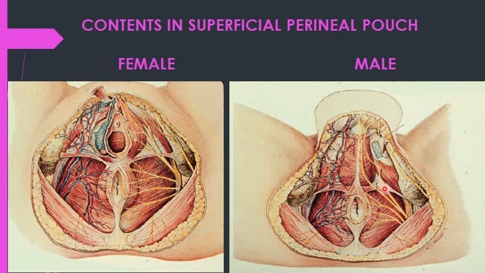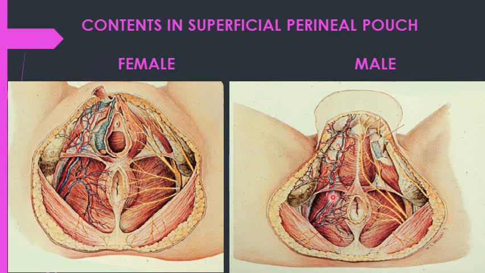If you look at the nerves and vessels present here as contents, these are the branches passing through the pudendal canal, that is the branches from the pudendal nerve and the internal pudendal vessels.